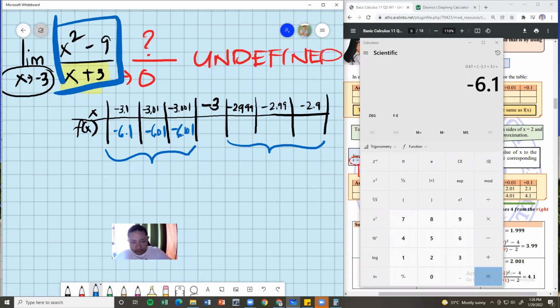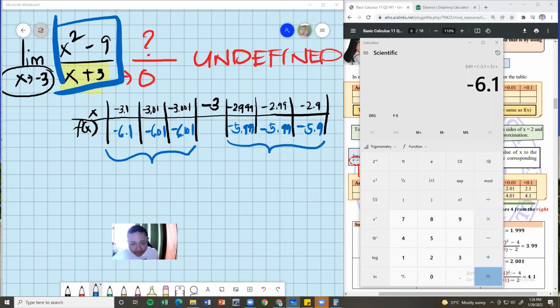That is negative 5.999. Negative 5.99. And then negative 5.9. Okay, this is what we mean by this.